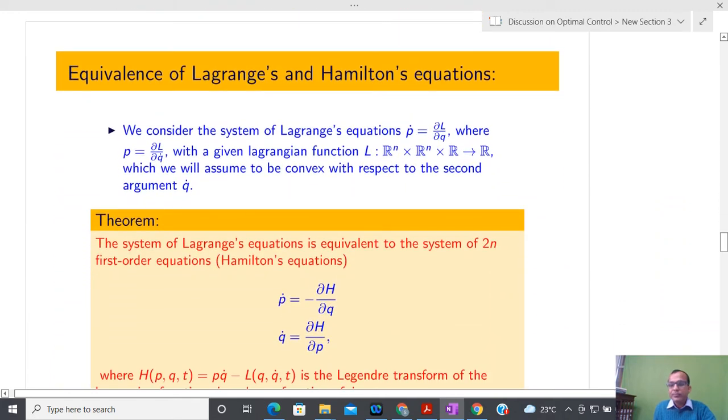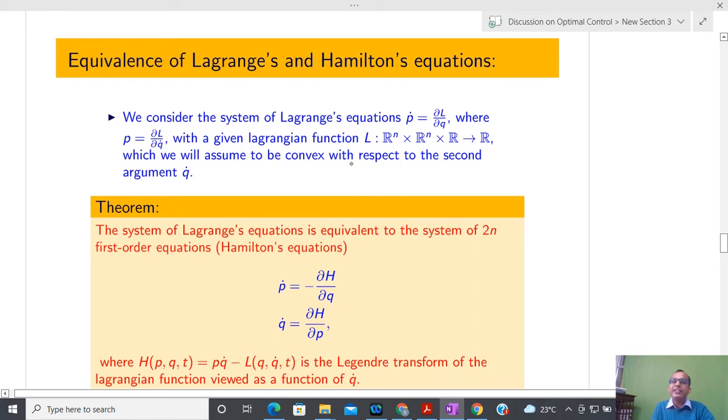First I will write the theorem, and after that I will come to the mathematical proof of this theorem. Since I have to extremize this function, when I started this lecture I wrote the function L(t, x, x dot) dt. If I know the end point, I am assuming a very simple case.